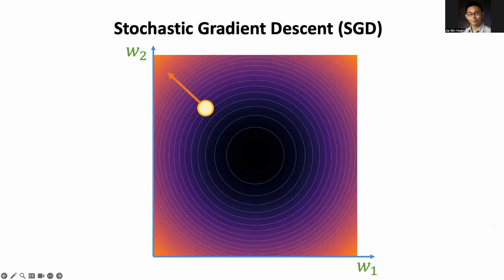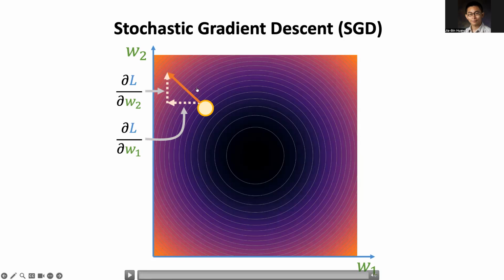One is the x direction, that is the derivative of the loss function with respect to the W1 parameter. And you also have the vertical direction, that is the derivative with respect to W2. Together, these two tell me the direction where if I move along it, I will increase the loss. That's what gradient means.